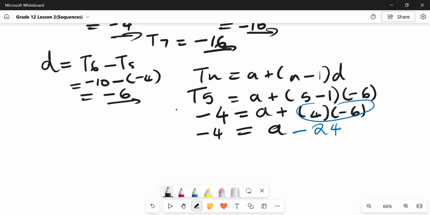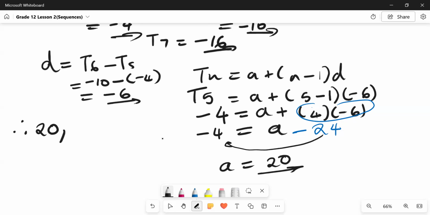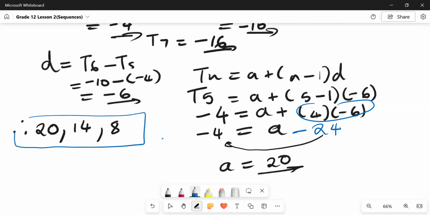So your A therefore is equal to 20. And then we found your A is 20, so we're looking for the pattern. Now, 20 minus 6, that's 14. The next term, 14 minus 6, that's 8. And then this is your pattern. Now you have found your pattern.